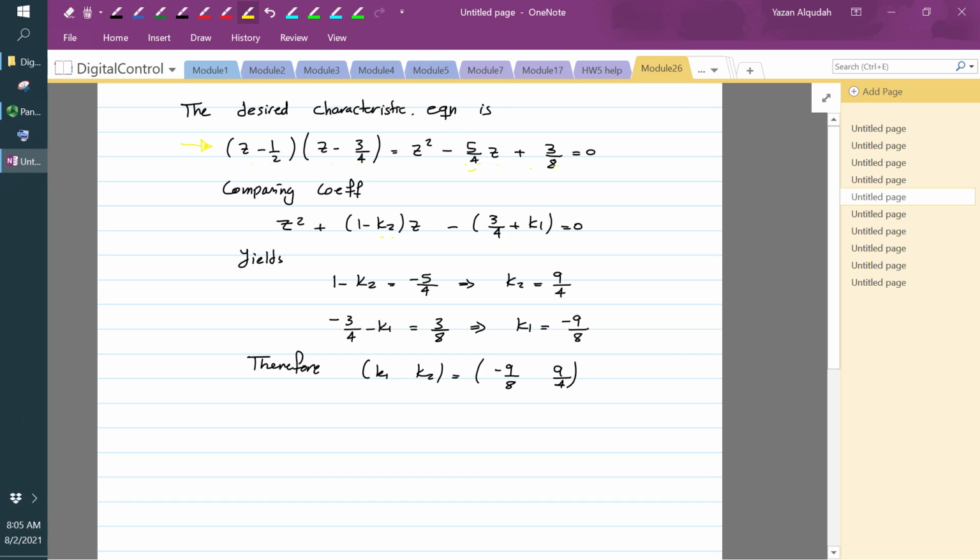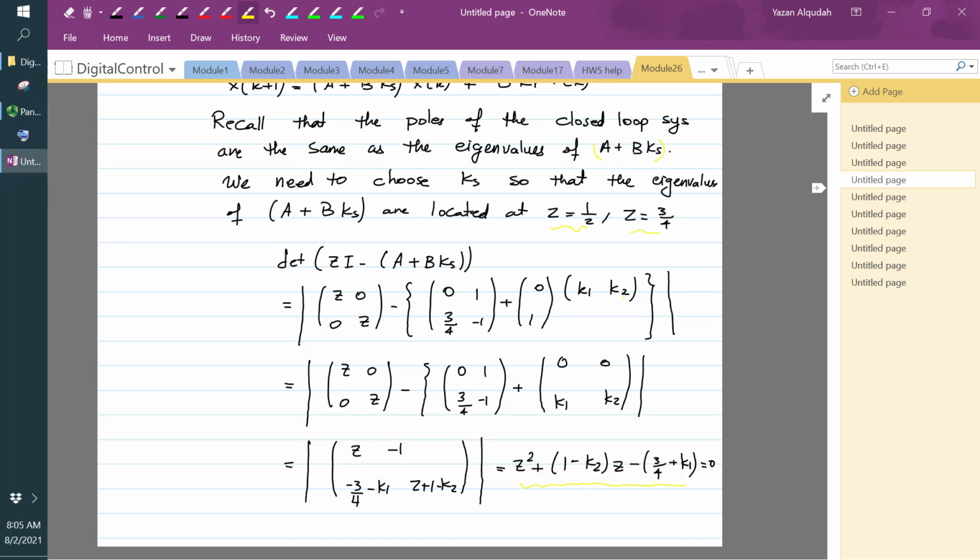I can solve for k1 and k2, and in this case k1 is going to equal negative 9/8 and k2 equal to 9/4. And therefore, if you choose these values for k1 and k2 that multiply the state, we're going to be able to place our poles according to the requirements that we had, which is a pole at 1/2 and a pole at 3/4.